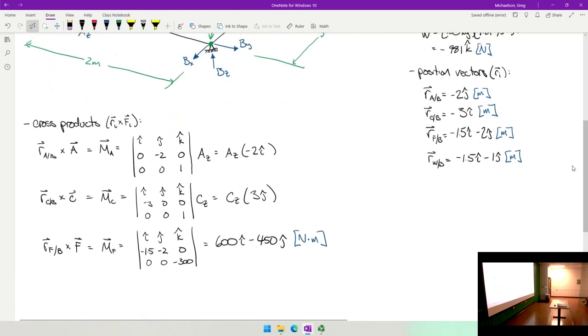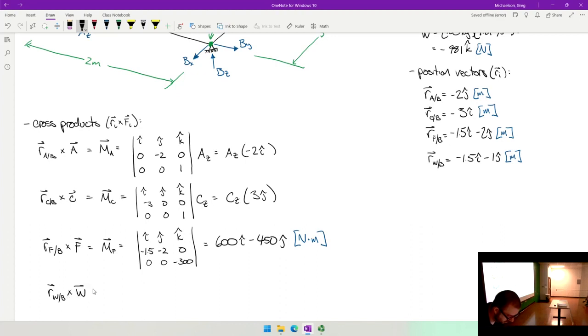Okay? And lastly, we are going to have our weight vector.